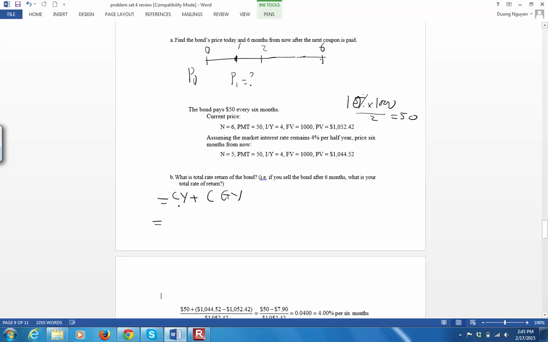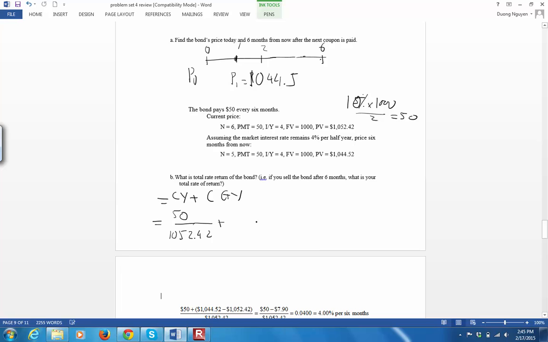So the current yield has a coupon payment for 6 months, which is equal to 50 divided by the initial price, which is 1052.42, and the capital gain yield for 6 months, where at the end of 6 months the price is 1044.52.